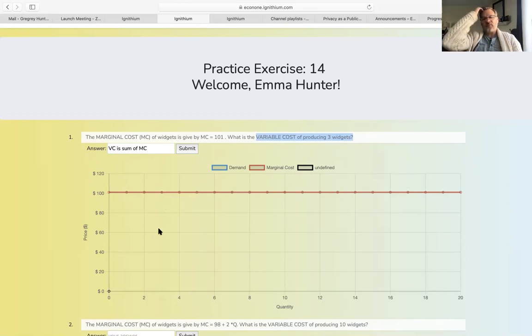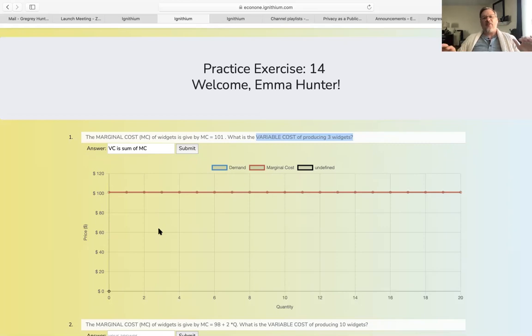I think where a lot of people get confused is that the language of marginal is unfamiliar. I often tell students to substitute the word additional and think of, what's the additional cost of producing another unit?